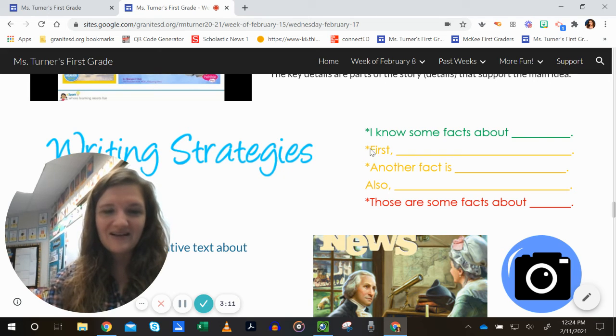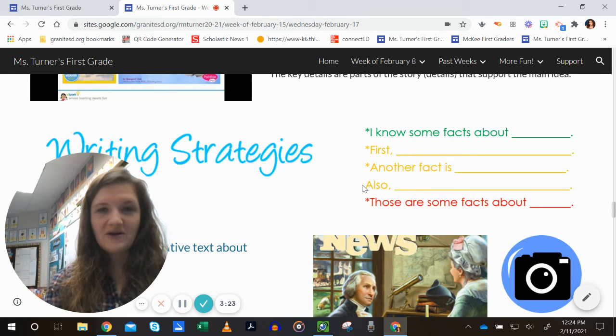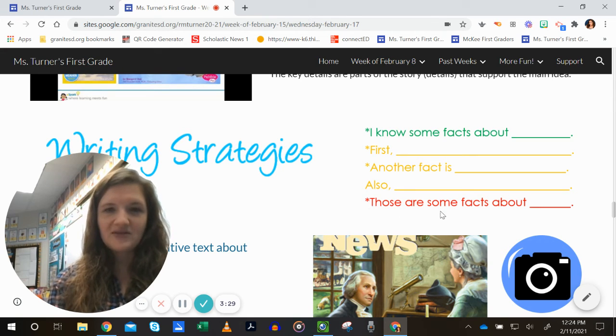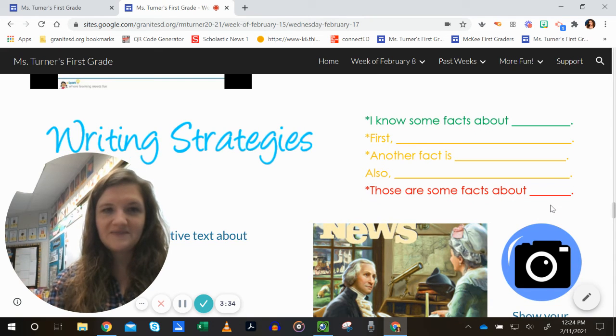First, blank also has a star. Another fact is blank also has a star. Also, blank does not have the star because that is the extra one if you are pushing yourself to do better and if you have room today. Okay, and then we end with those are some facts about George Washington, right?